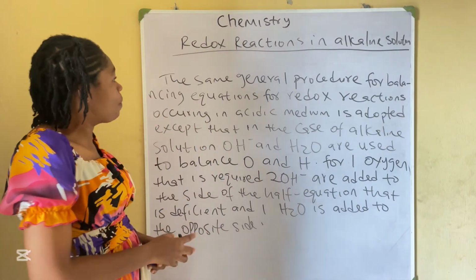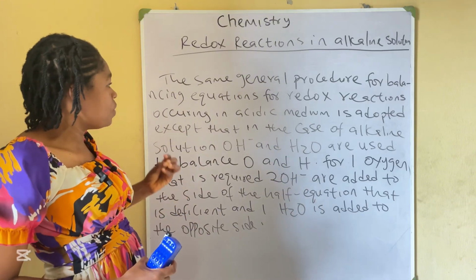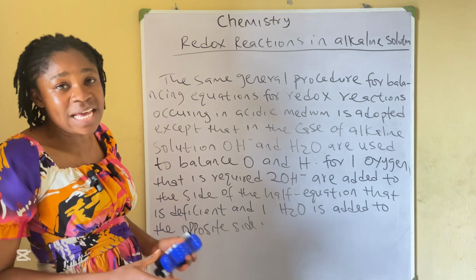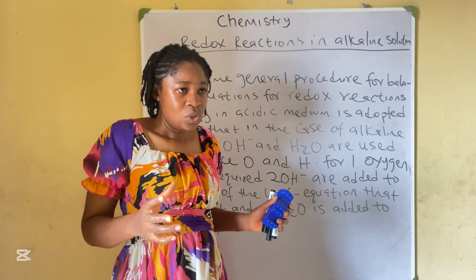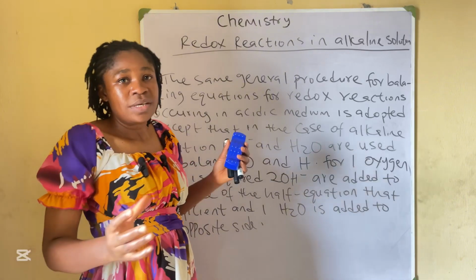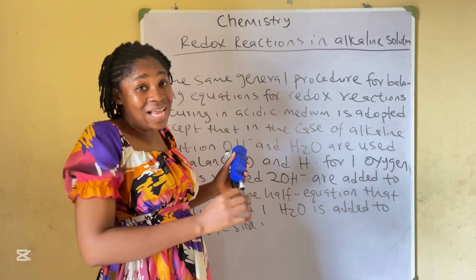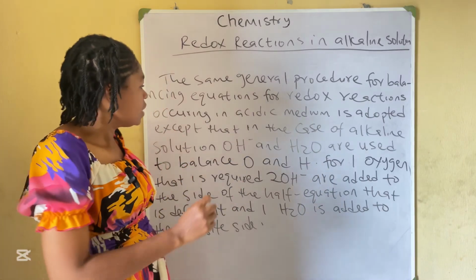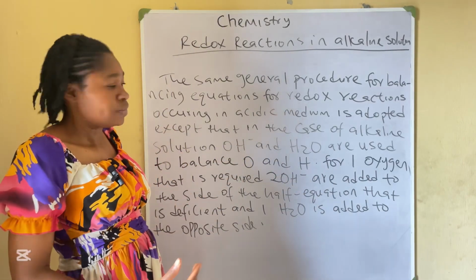The same general procedure is adopted, except that in the case of alkaline medium, instead of using water to balance oxygen and hydrogen ion to balance hydrogen, we use hydroxide ion.